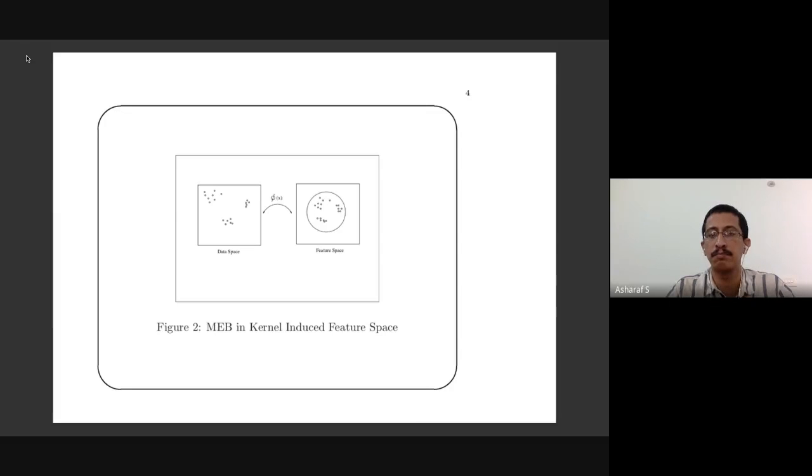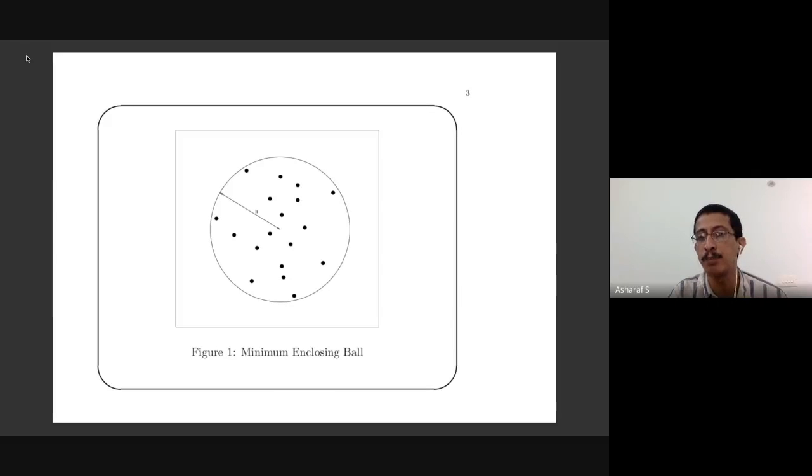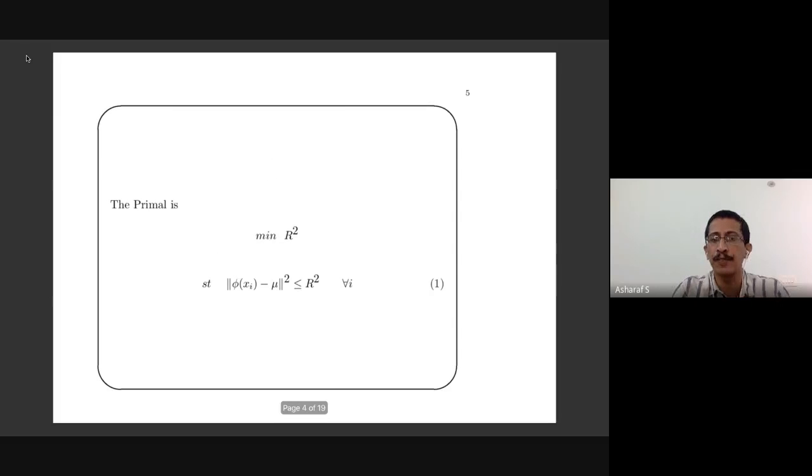If yes, that would be interesting. Rather than learning the MEB in the input space, can we learn the MEB in the feature space?